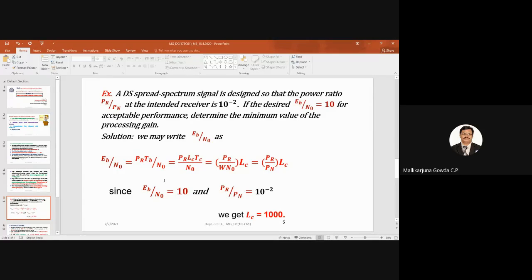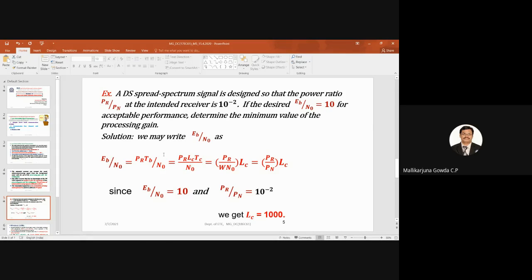Then Lc is equal to Tb by Tc, so Tb is equal to Lc into Tc. That is what is substituted here. So Tb as Lc into Tc. With respect to that, I have written here Pr into Lc into Tc divided by N naught.